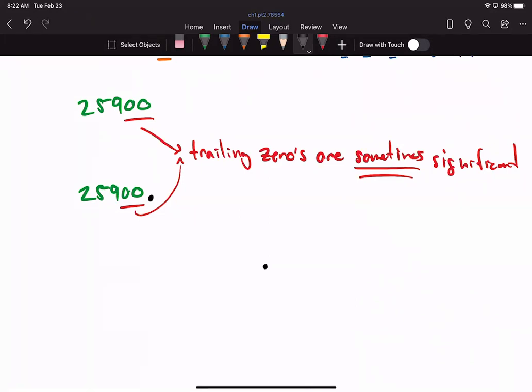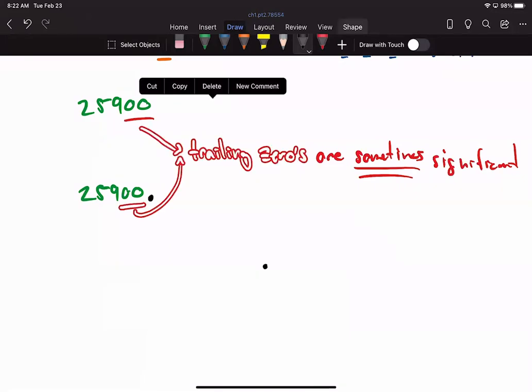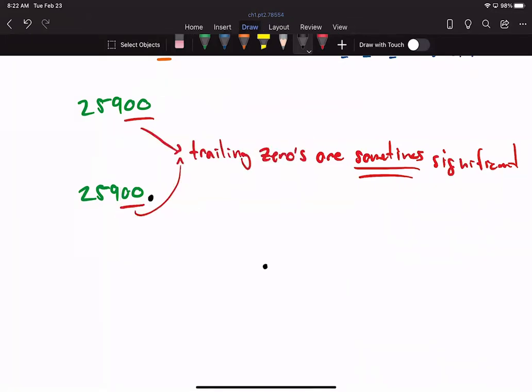There. All right, so that is the formula you guys are going to use. It's huge, I know it's huge. This is the formula you guys are going to use to determine when we consider a trailing zero significant or not. If you physically see it, not that I know you're looking here and you know that there's a decimal, right?